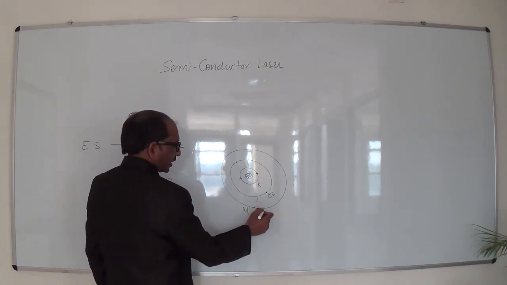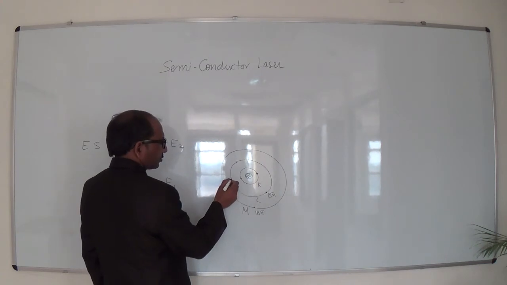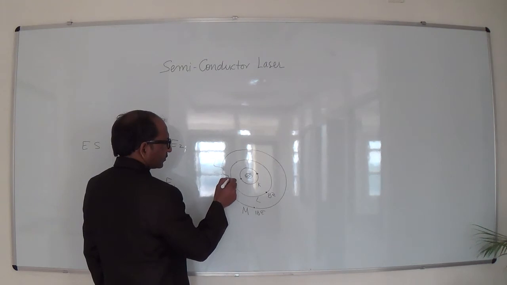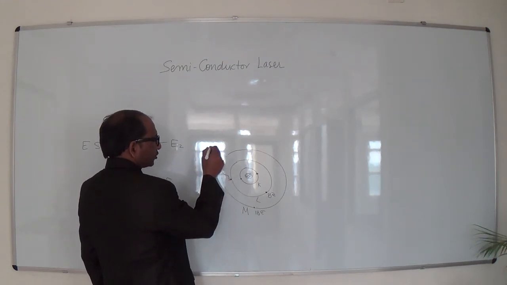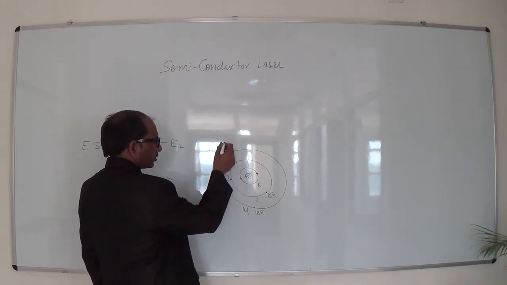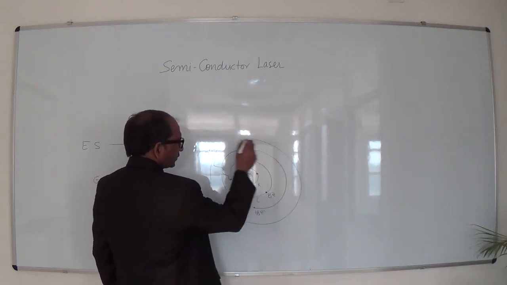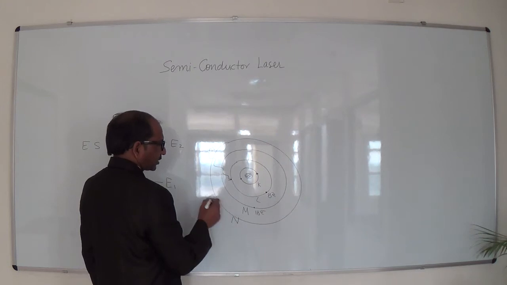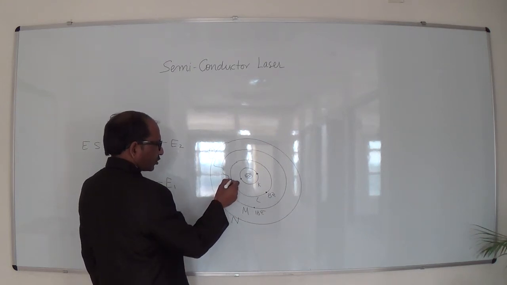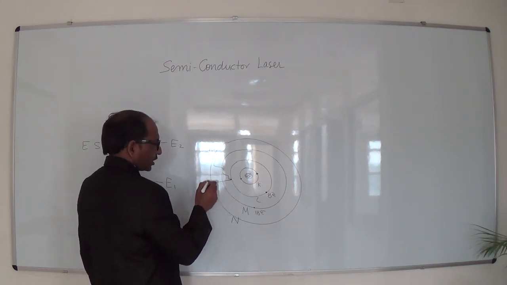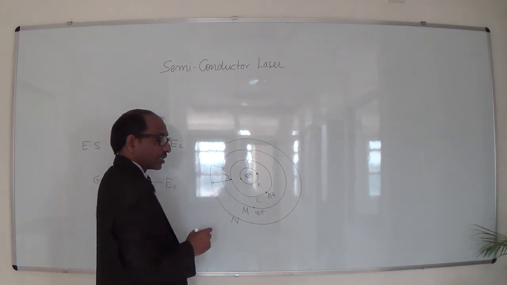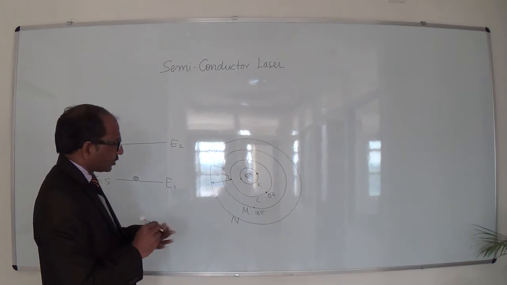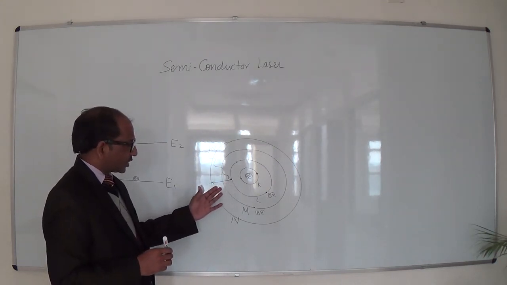Somehow an electron of this shell absorbs the energy, that is h nu, and goes to a higher state. Suppose this one is the N shell. So this electron absorbs the energy and goes into this particular orbit. Now the electronic configuration has been changed.